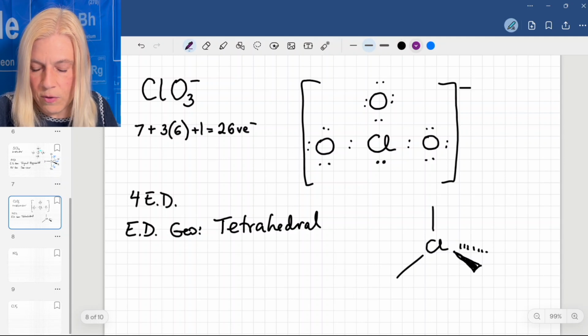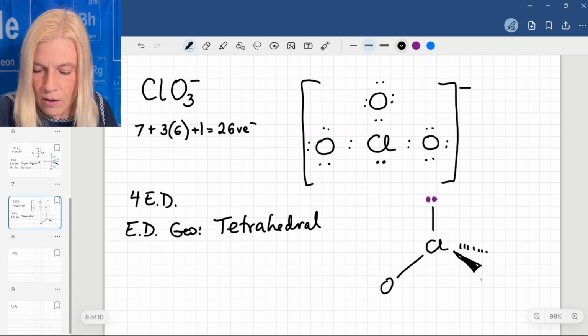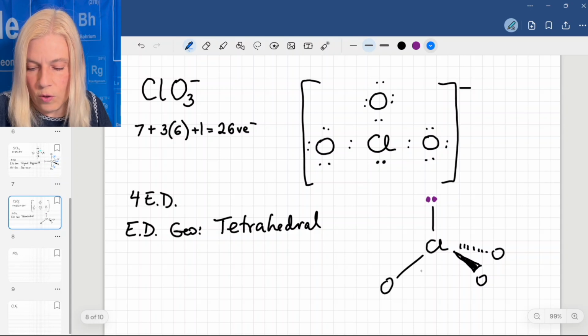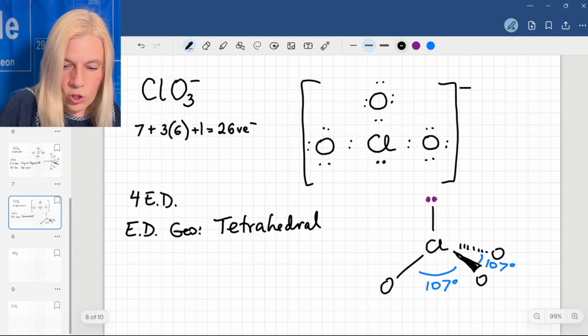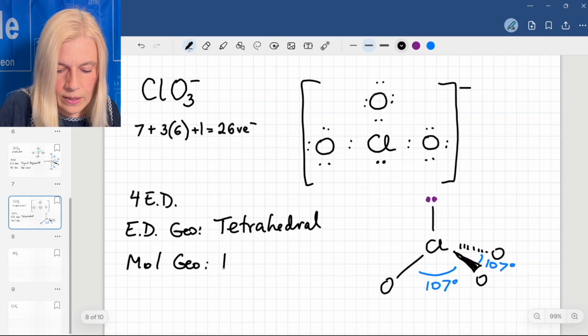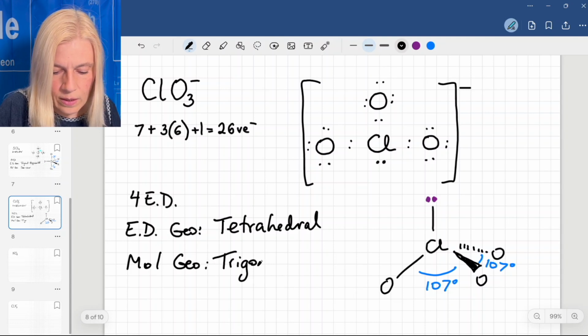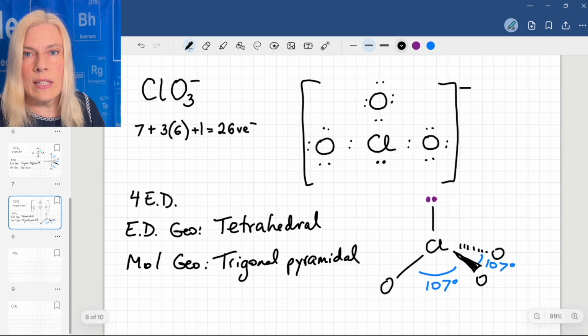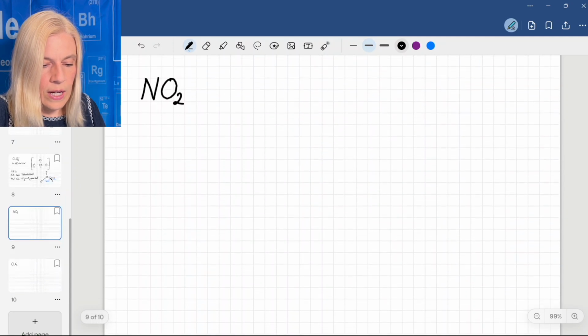And my lone pair you can stick anywhere. I usually like to stick it here. And here are my oxygens. Remember, it's 109.5 minus 2.5 for each lone pair. So 107. So my molecular geometry is trigonal pyramidal, and it's 107 degrees.